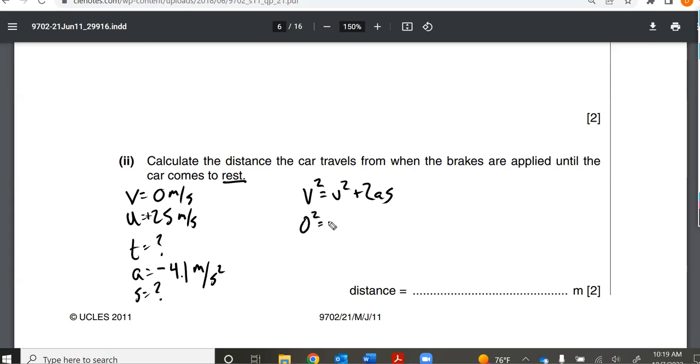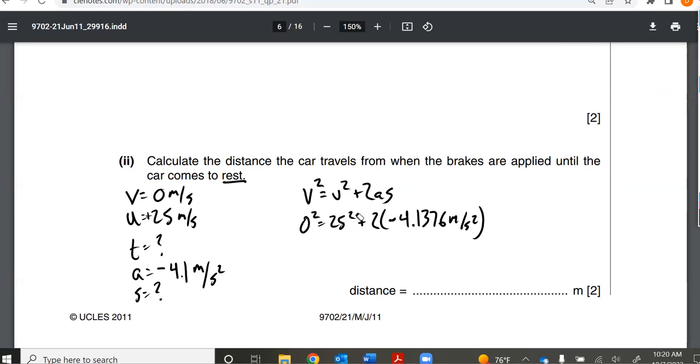So 0 squared equals 25 squared plus 2 times negative 4 point, and here you could use 4.13176 if I recall correctly, or just 4.1. If you were stumped and didn't have the more precise number, you could still use 4.1 because they gave you that number. That's meters per second squared. These are meters per second for velocity.